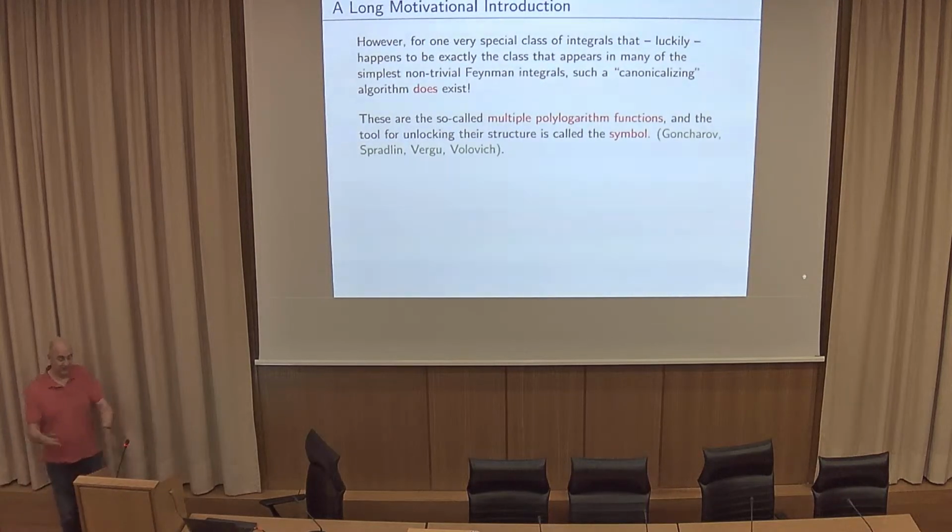So if you and your collaborator are doing the same calculation and you happen to be computing something that belongs to the special class of functions called generalized polylogarithms, then it's easy for you to compare. Even if your file is a gigabyte long and their file is a gigabyte long, there's this mathematical machinery called the symbol where you can check each other's work. It's like calculating a hash or just a checksum or something, if you're familiar with those words.